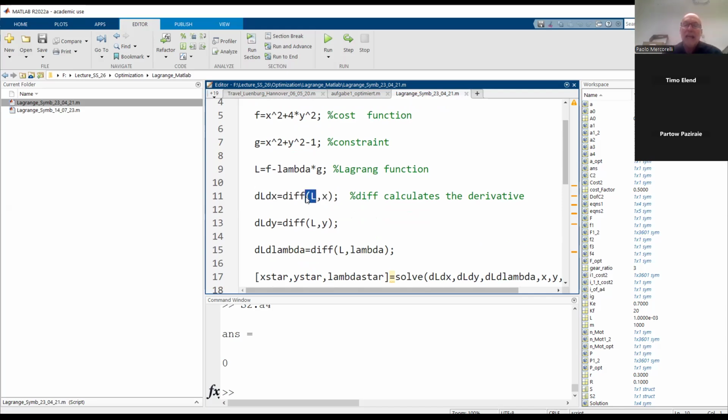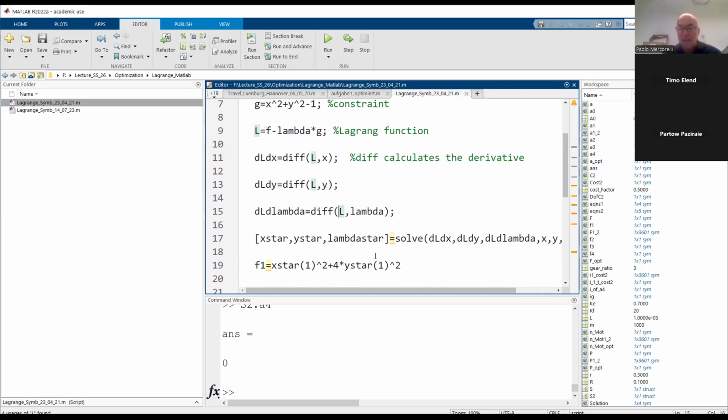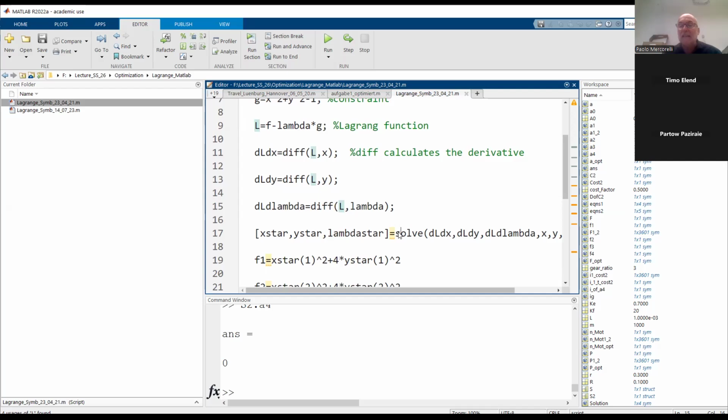But here I do the derivative of L with respect to x. I do the derivative of L, the Lagrange function, with respect to y, and then I put everything together. I did also the derivative of L with respect to lambda, this help variable, and then look. I use again the function solve.